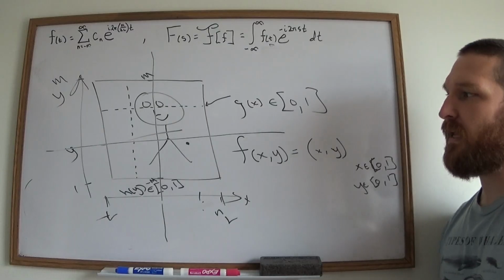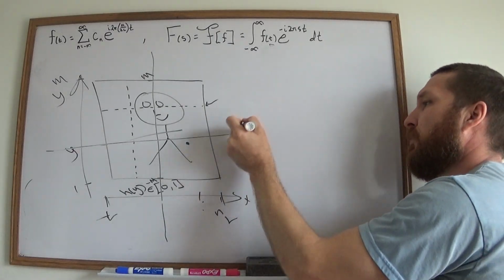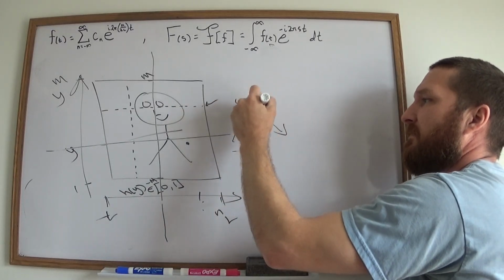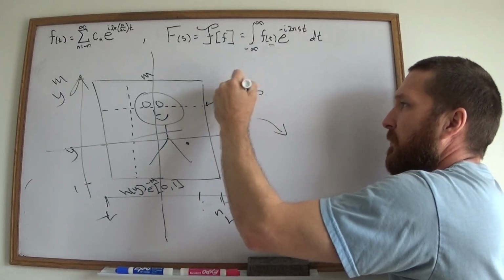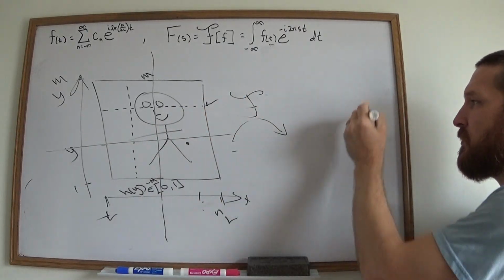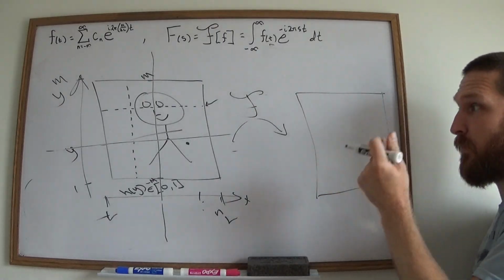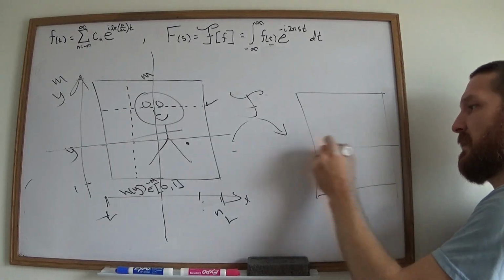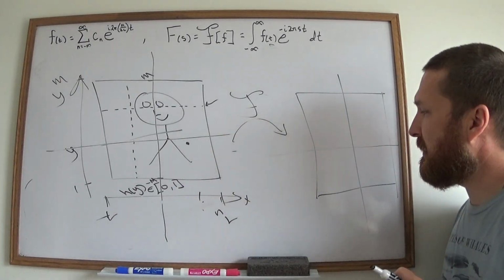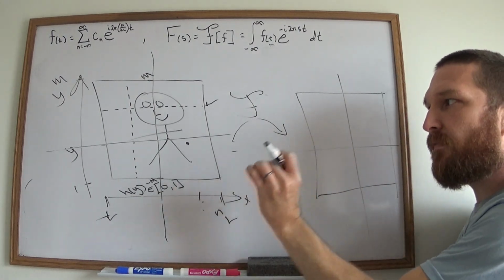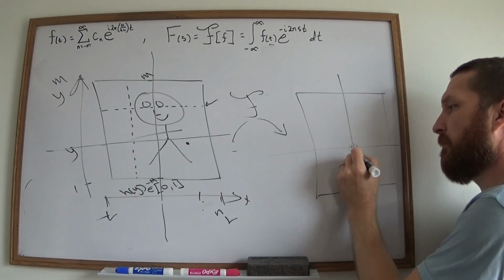You could take the Fourier transform of that function, and what you get is now frequencies. You could think about them as frequencies, but they're visual frequencies. And what ends up happening with pictures, this is what's really cool, is that most of the frequencies end up really close to here.